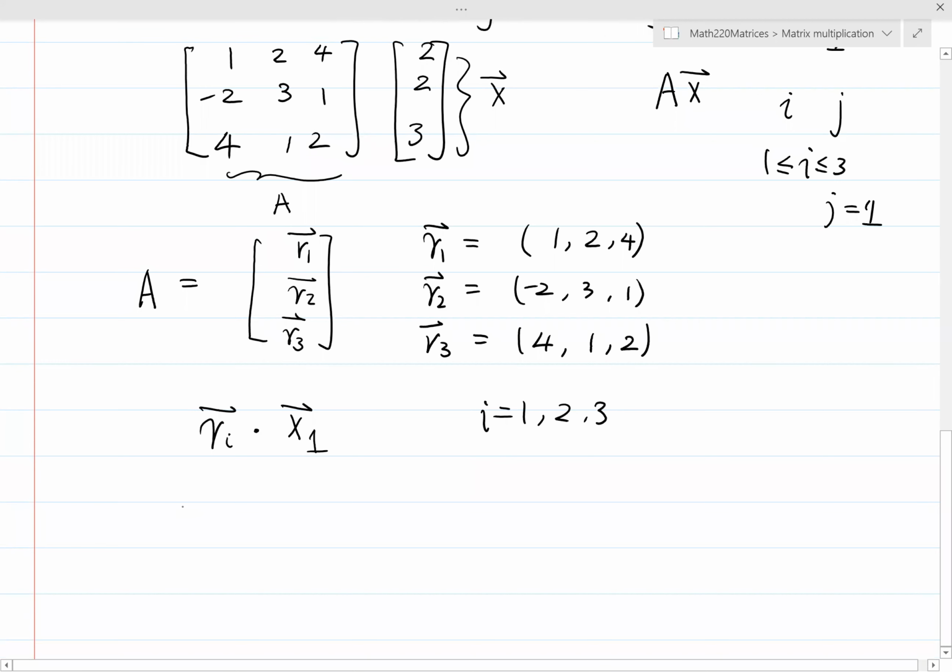So you see R1 dot product with X gives us 1, 2, 4 dot product with 2, 2, 3.